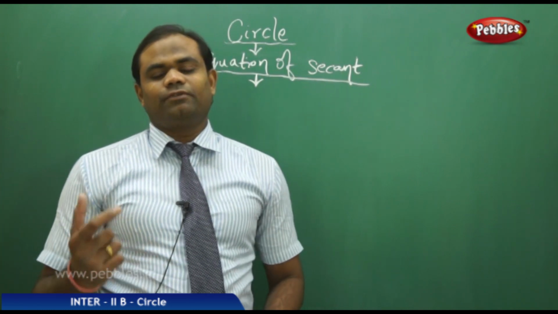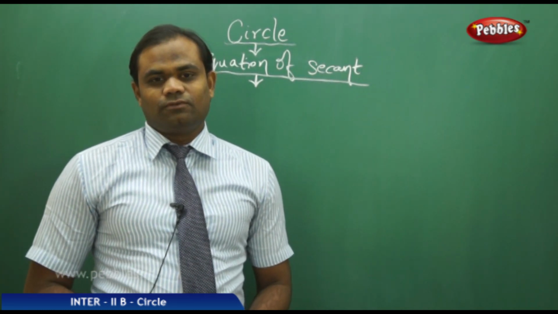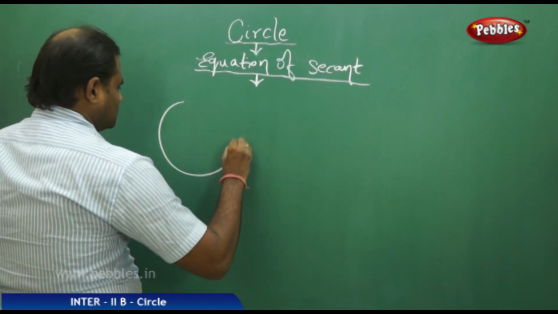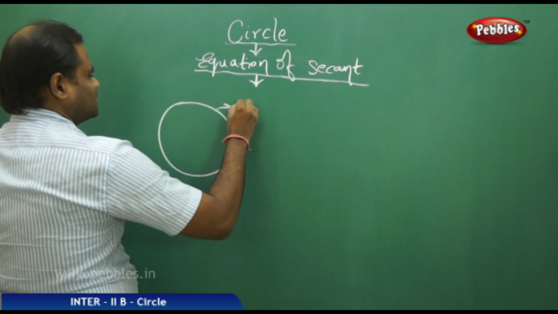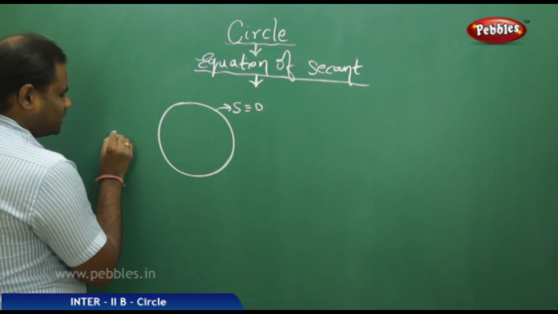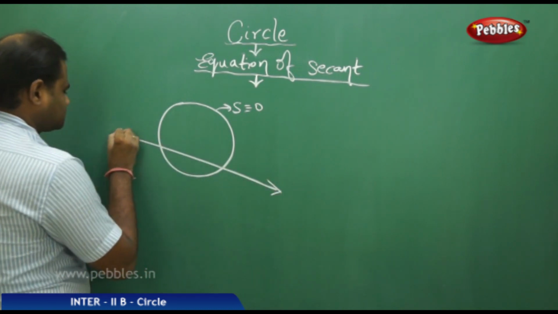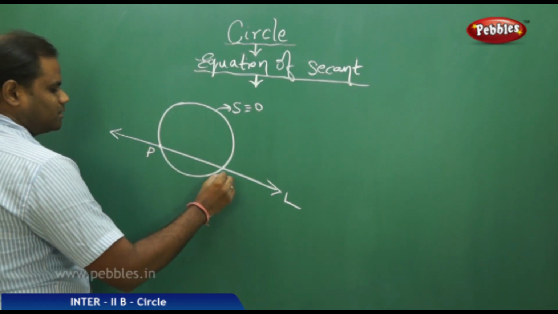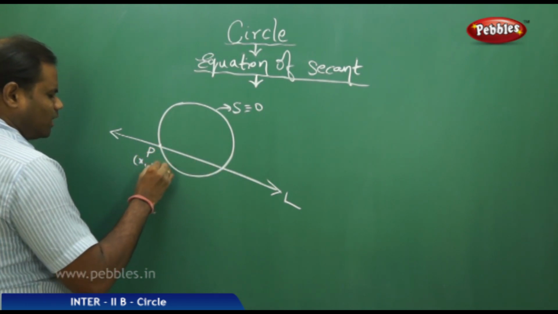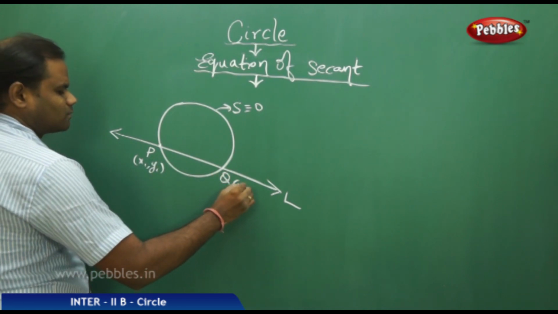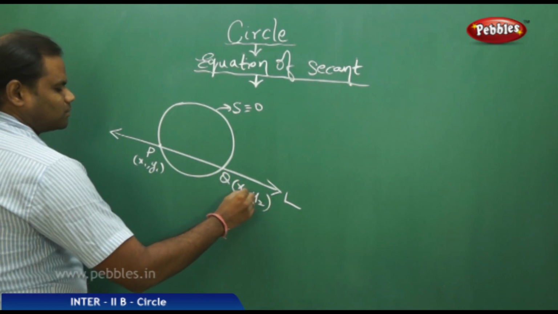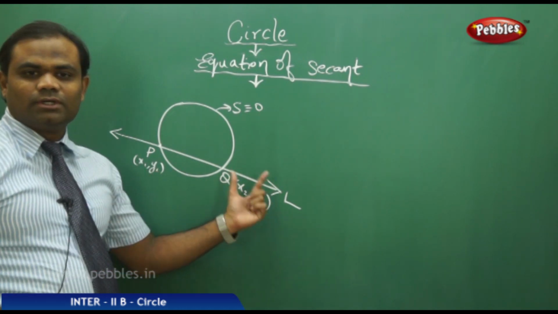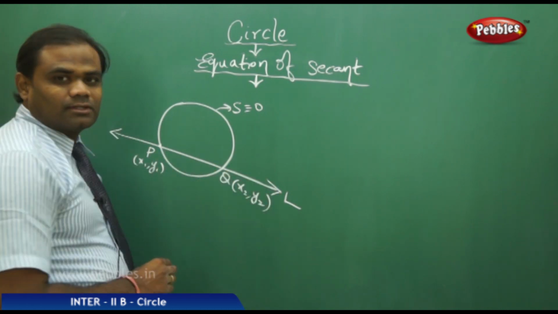So let's see how we can find the equation of secant for the circle. Say for example, I have a circle S equals 0 and here is a secant which cuts at 2 points P x1 y1 and at Q x2 y2. If the line L cuts the circle at points x1 y1 and x2 y2, then this line is called the secant.